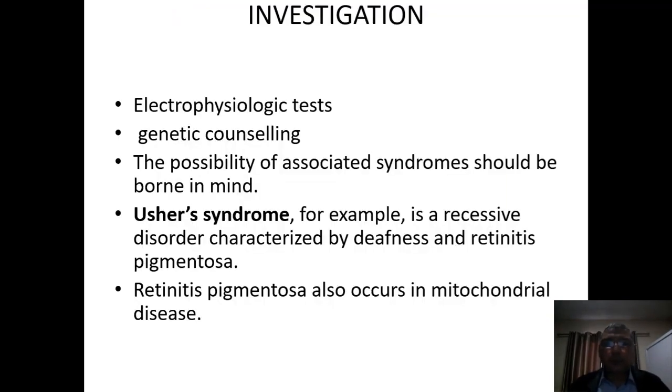Investigation: we do electrophysiology, electroretinogram, to diagnose retinitis pigmentosa. Genetic counseling may be done. Retinitis pigmentosa may also be associated with other systemic manifestations, like in Usher syndrome, where there is deafness and retinitis pigmentosa.